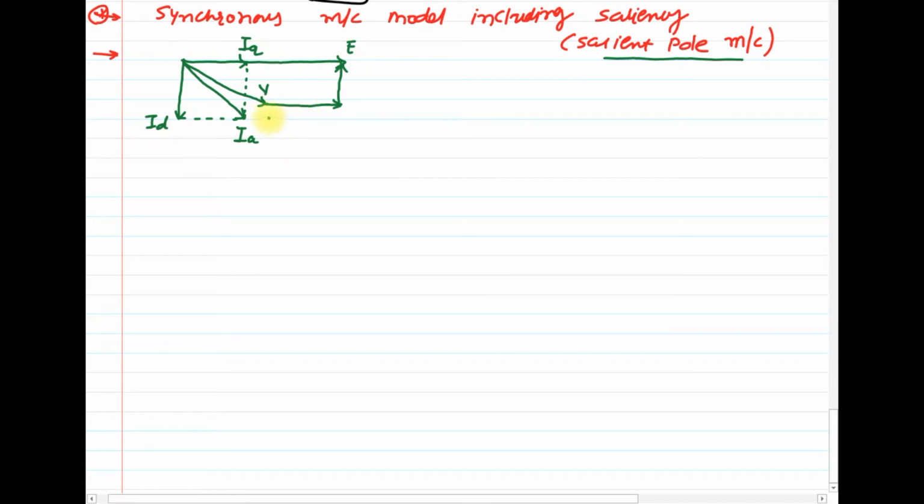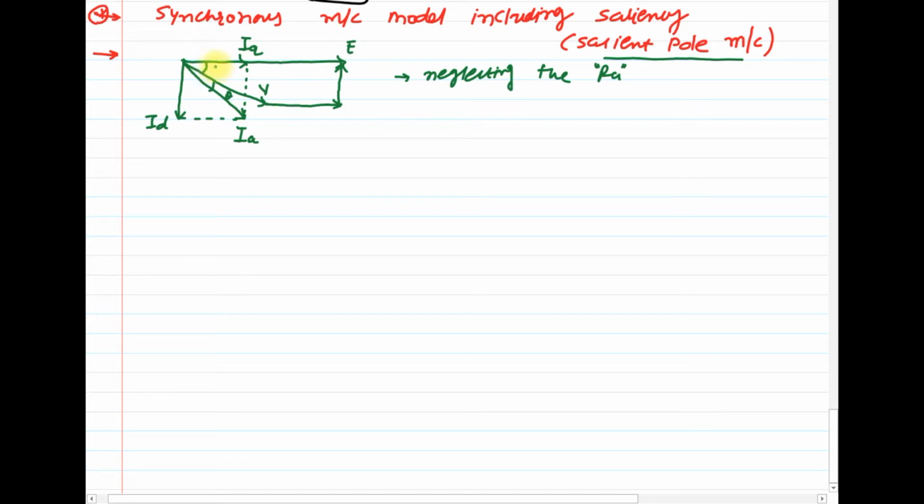So we have assumed the condition of neglecting the armature resistance R. The angle between the generator terminal voltage and the armature current is the power factor angle theta.